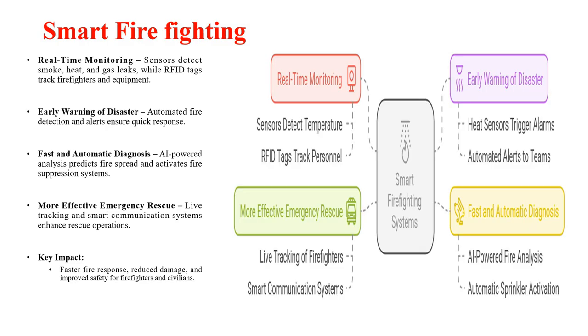And key benefits of smart firefighting systems are real-time monitoring, fast and automatic diagnosis, then more effective emergency rescue. So real-time monitoring, here the sensors will detect the smoke, heat and gas leaks, while the RFID tags will track the firefighters and the equipment. And in early warning of disaster, here the automated fire detection and alerts will ensure the quick response.